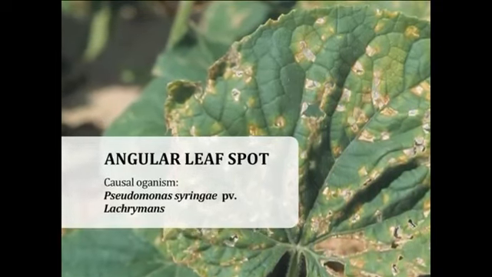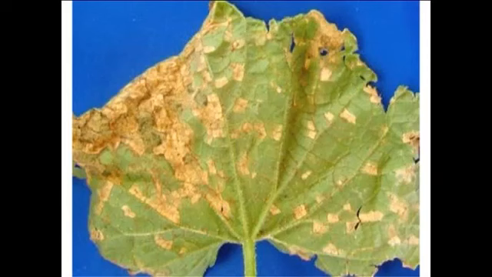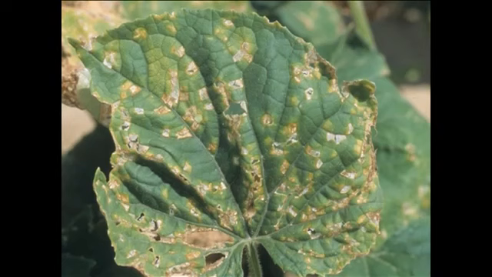Now coming to the symptoms of the disease. Foliar symptoms initially appear as small water-soaked areas on the underside of the leaf, which develop an angular appearance due to restriction by the small leaf veins.